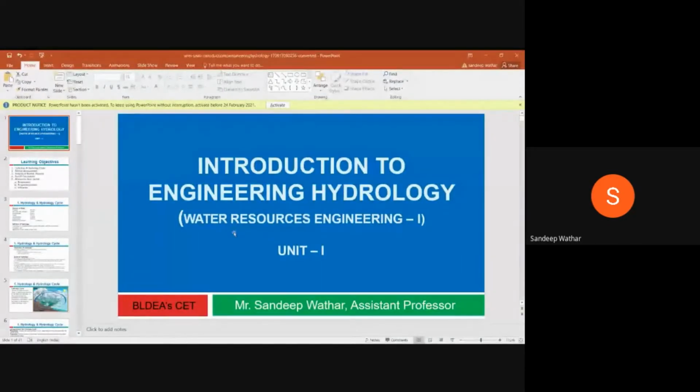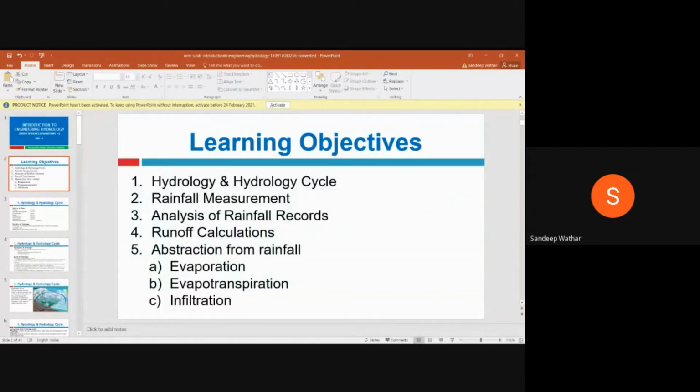So let us come back to hydrology. I'll just give you a brief description of the objectives to be studied in this. The objective is to understand hydrology, what is the hydrological cycle. We'll try to understand what is rainfall. As I told you in the previous class, precipitation is actually the water that reaches the earth surface, but we focus mainly on rainfall because in our entire Indian geographical boundary, we get precipitation only in the form of rainfall.